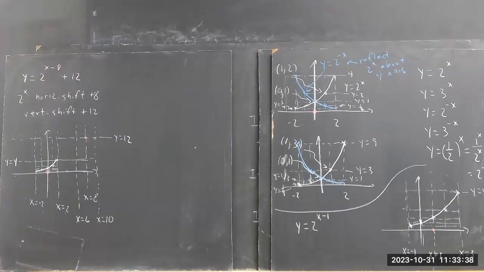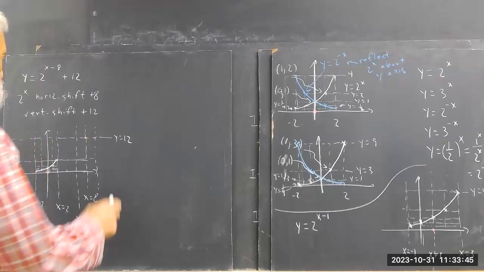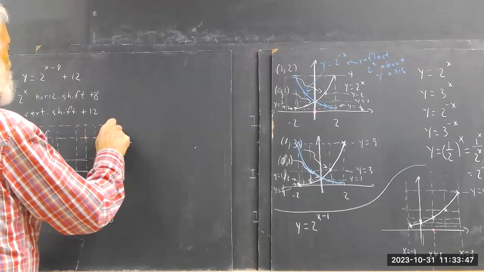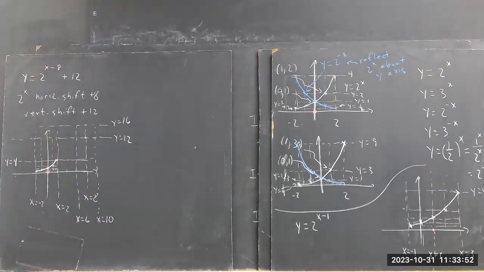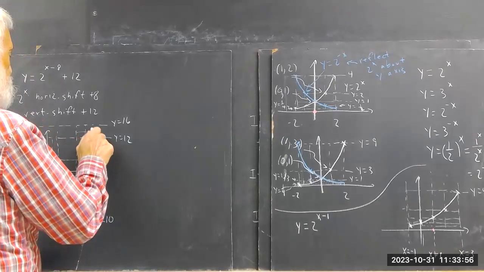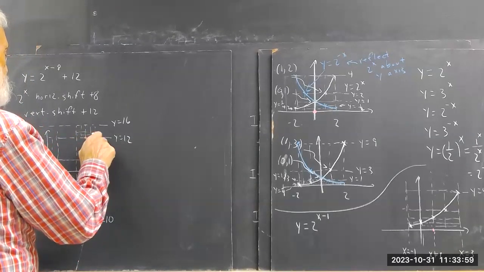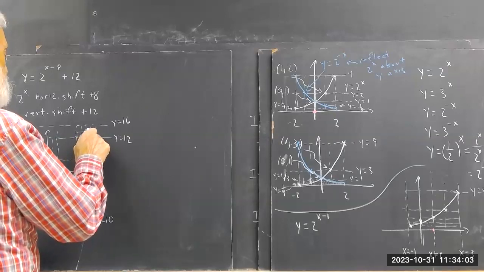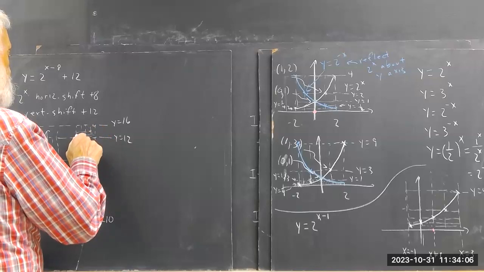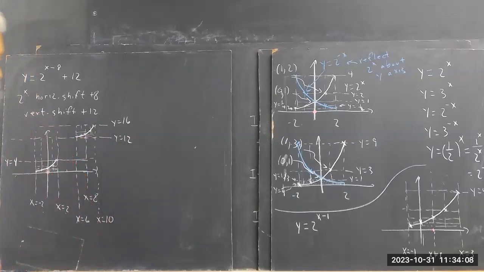And then we've got to move everything up 12 units so that this rectangle, which is 4 units high, will go up to y equals 16. And then we subdivide things as usual. And our graph looks like this.